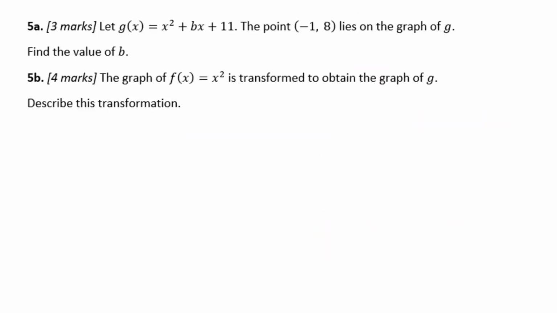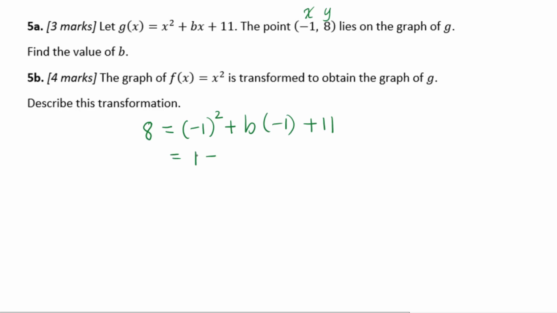Let's go to 5a. Let g of x equals x squared plus bx plus 11. The point (-1, 8) lies on the graph of g. Find the value of b. Given the point, this is x, this is y. So we plug into this g function, we will get 8 equals (-1) squared plus b times -1 plus 11.